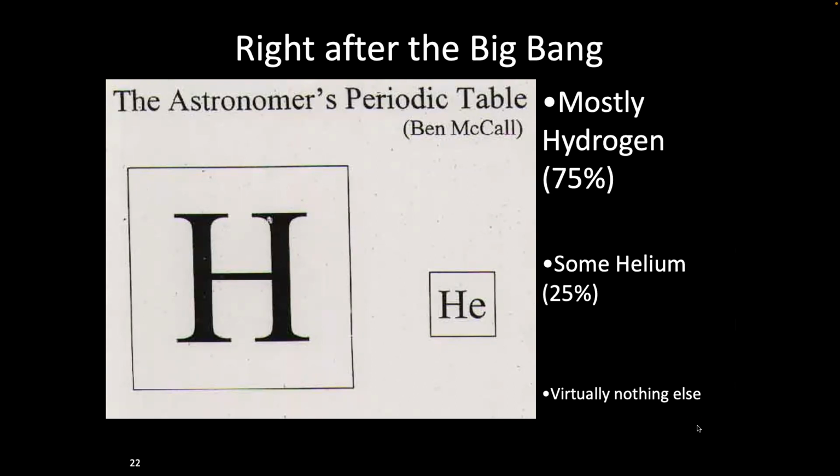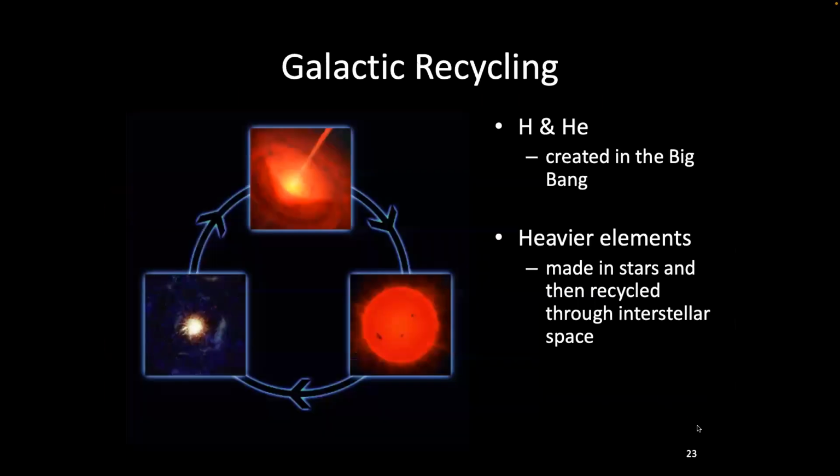And in order to get any of the rest of them, you need stars. Okay? So what happens is very straightforward. You build stars. They turn hydrogen and helium into heavier elements. And then they explode, sometimes violently. And they toss their refuse back into space.